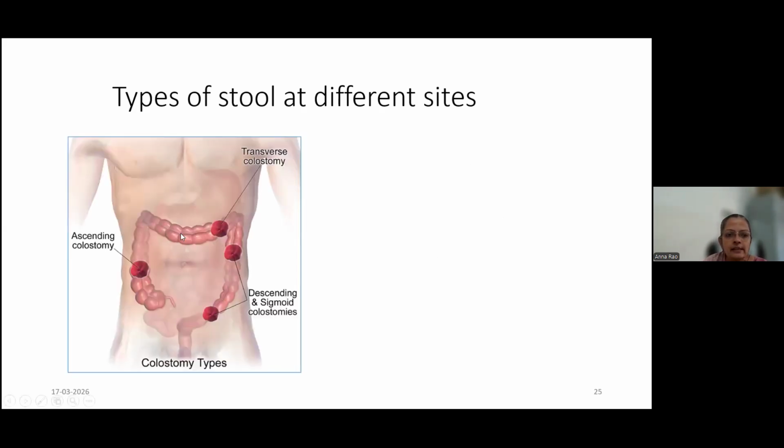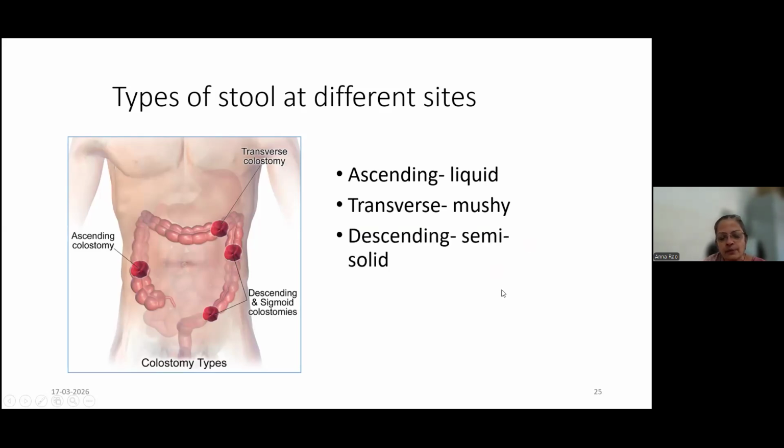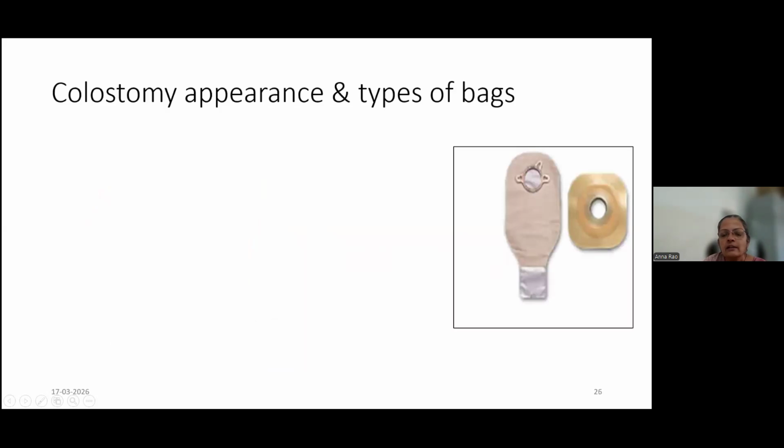So if it is in the ascending colon, it will be liquid stool you will find. Then if it is in the transverse position, then the stool will be mushy because some water has been absorbed, right? If it is in the descending colon, it will be semi-solid. And so you need to teach the patient and relatives also in that way. They should not get frightened, right? So that is important.